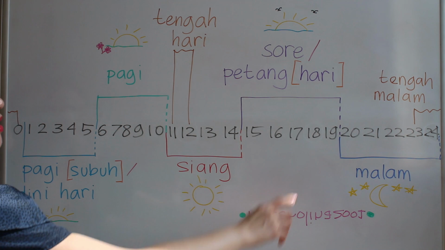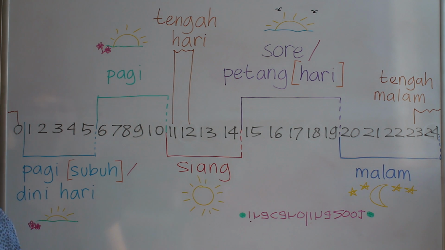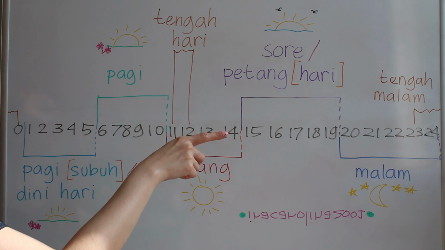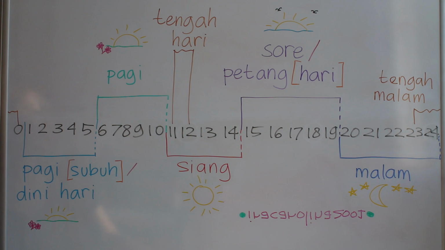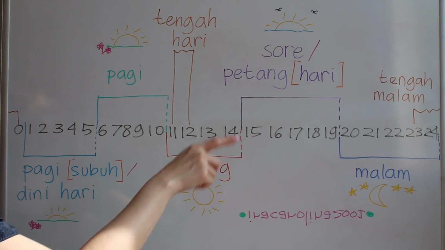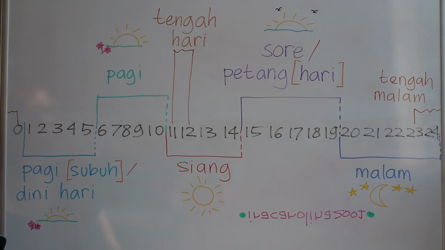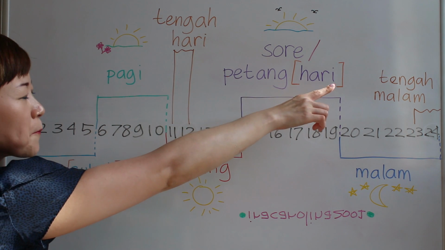How about 23 to 24, or to 0 here, because 24 becomes 0. 23, or 11 p.m., to 24 or 0, it is also considered as mid something, because tengah is mid.